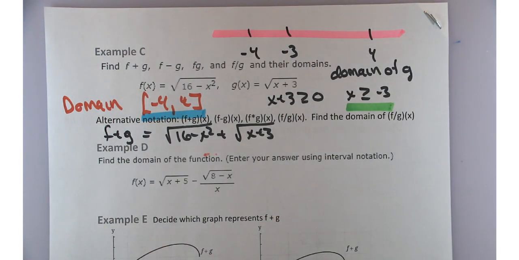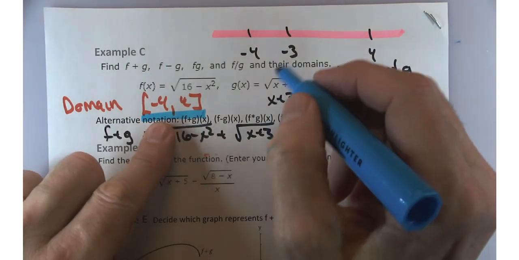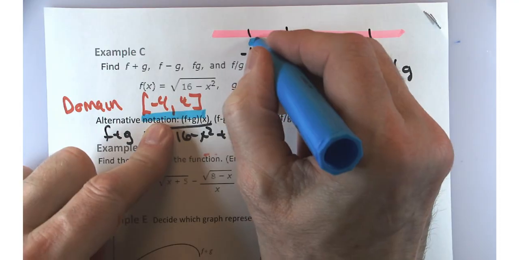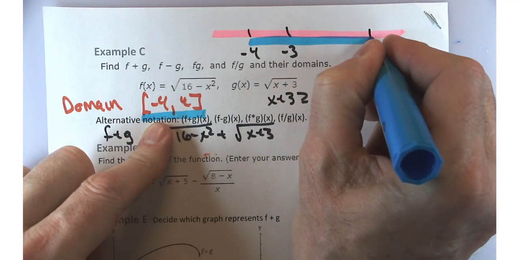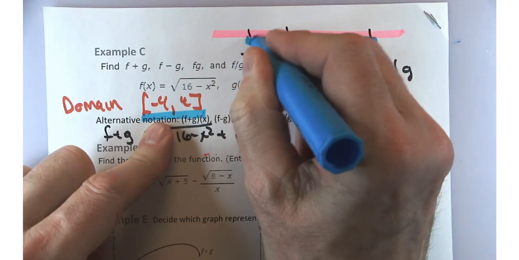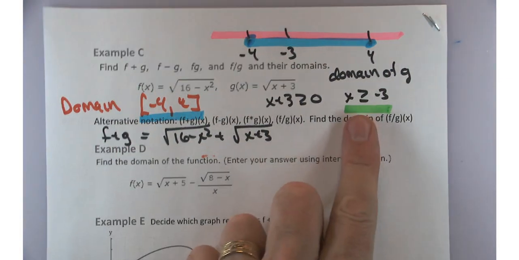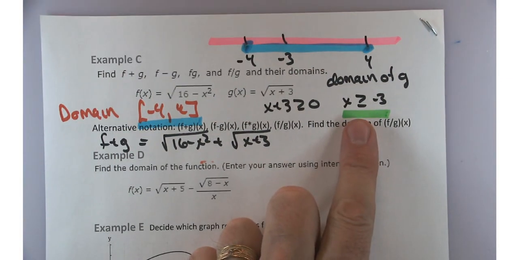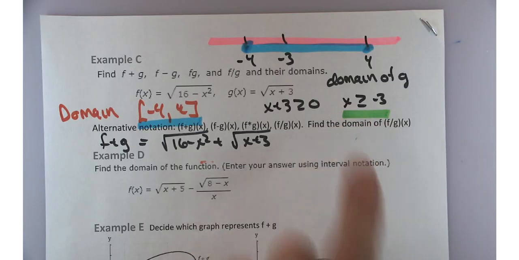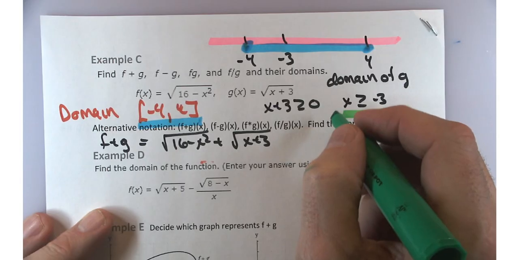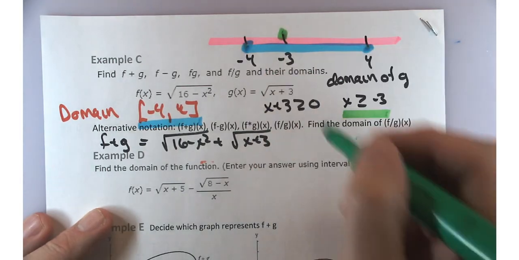Let's graph the first part of this, negative 4 to 4, and I'm going to put that underneath here. Solid dots on both ends. How about the graph of x is greater than or equal to negative 3? Solid dot or hollow dot? Solid. Going to the right.